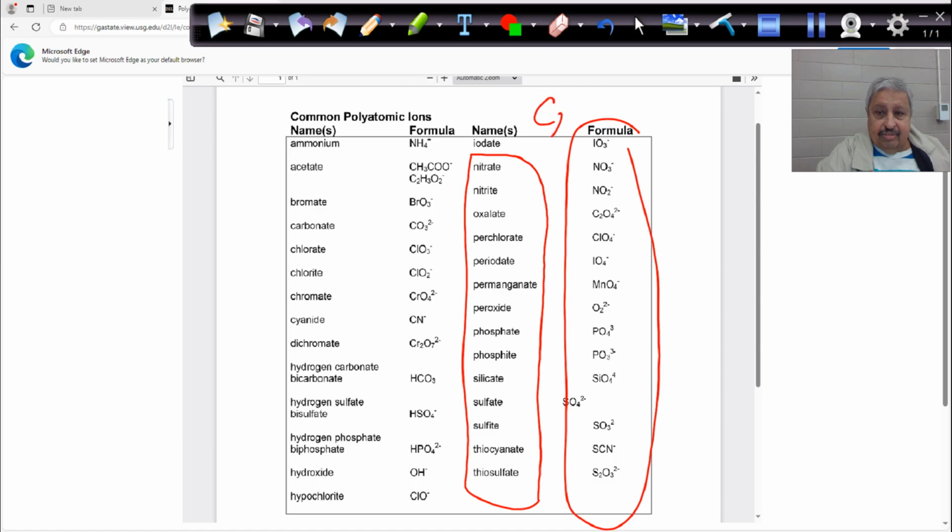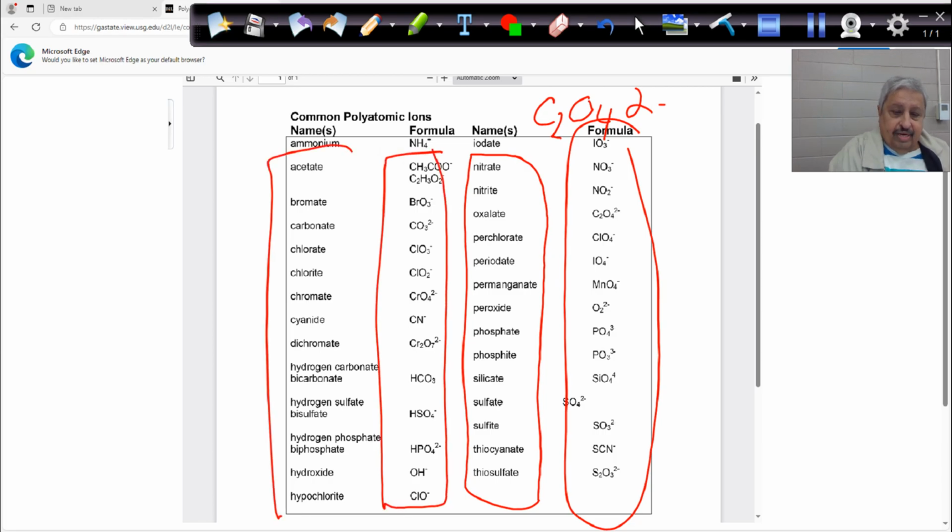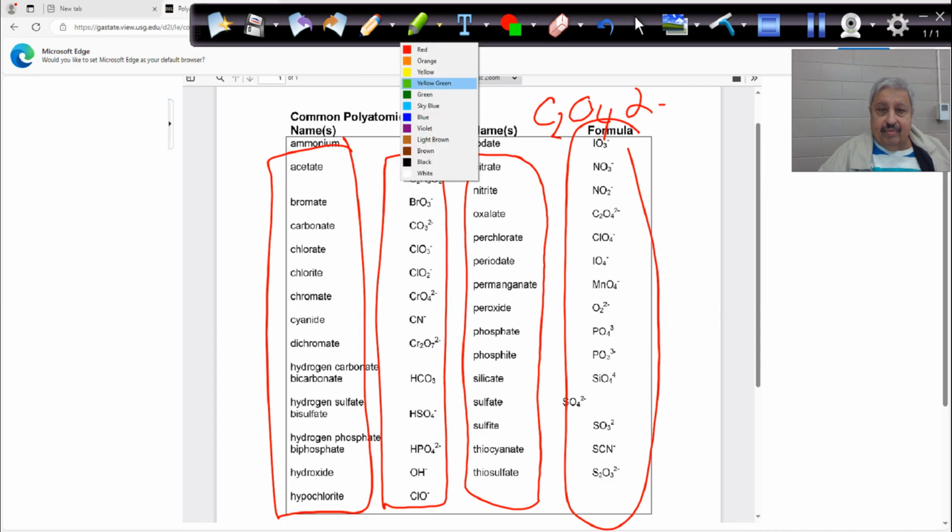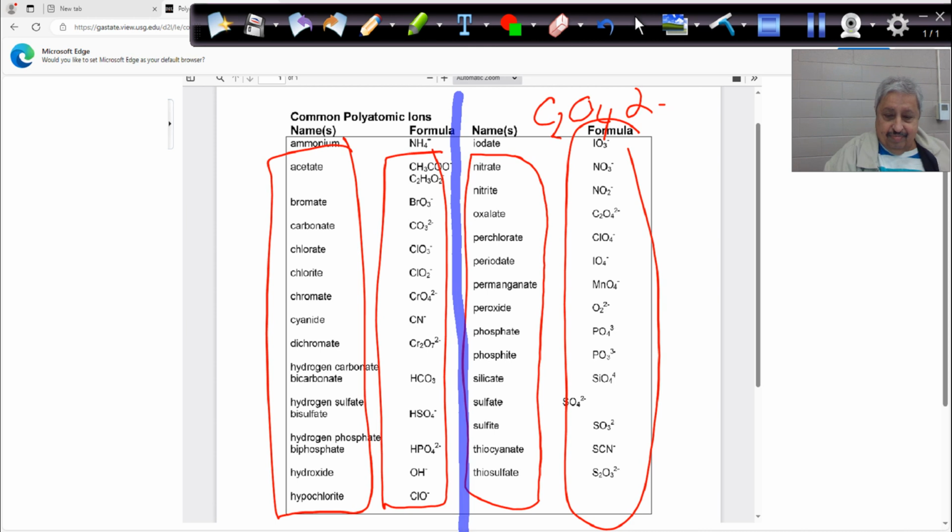Oxalate is C2O4 2 minus. Those are here, and they are separated by this line. Okay, guys, which one? Bromate. Okay, bromate, BrO3 1 minus.